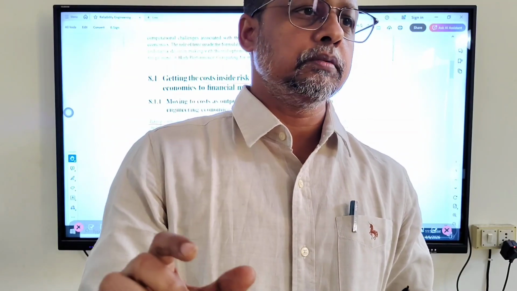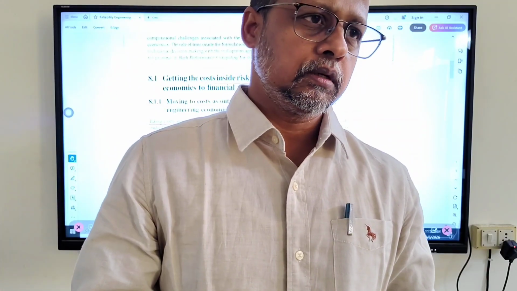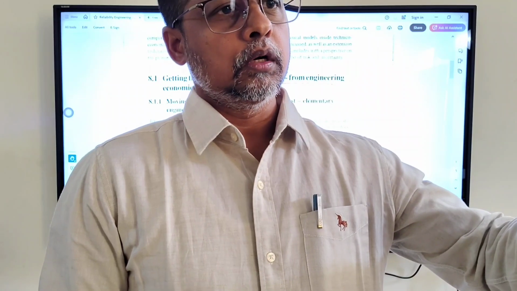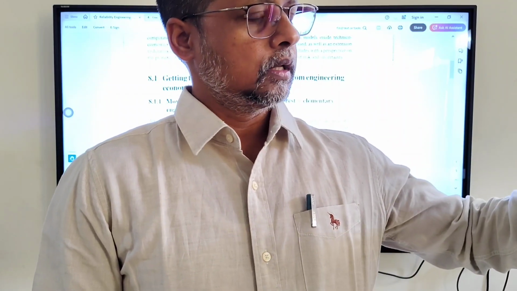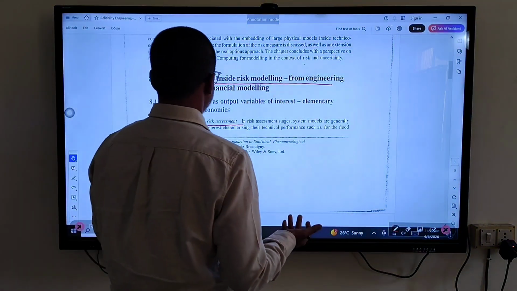But remember that the punchline remains the same. The simplest mathematical model will most of the time lead you to produce a product using a simple approach. Simple approach obviously leads to cost effectiveness. On the other hand, a complex mathematical model leads to a degree of complexity in the physical manufacturing of that particular product. That's the reason for the higher cost of a per unit product or per unit system. So we are trying to materialize that particular thing.